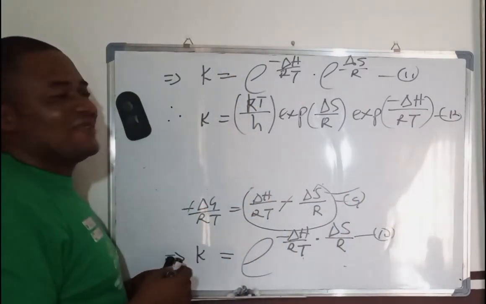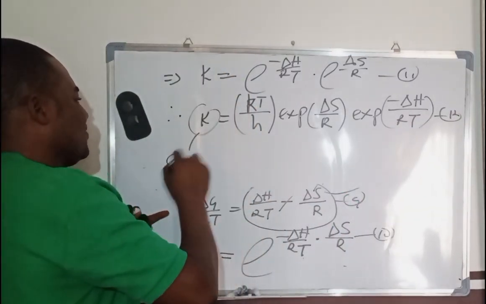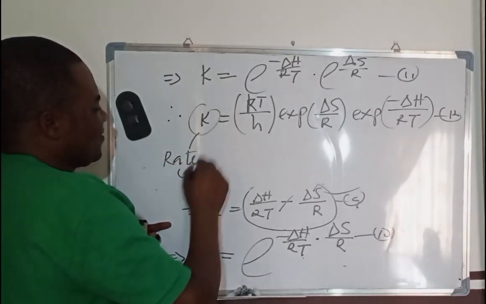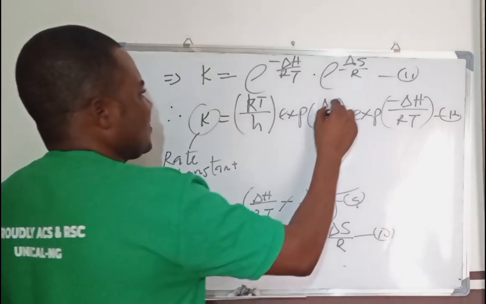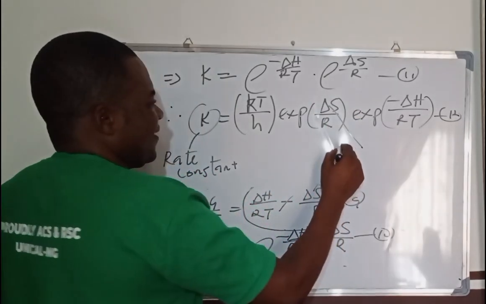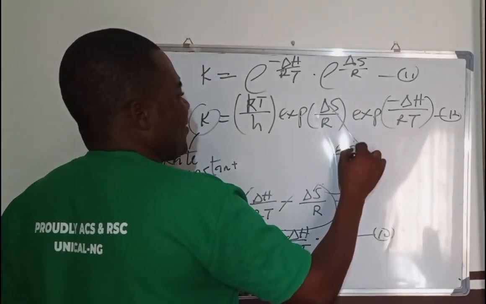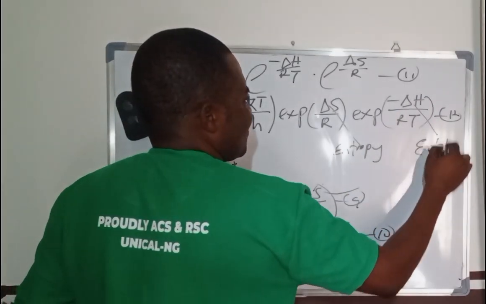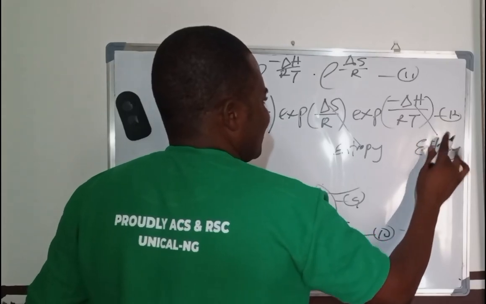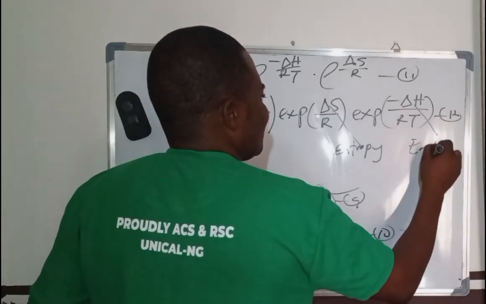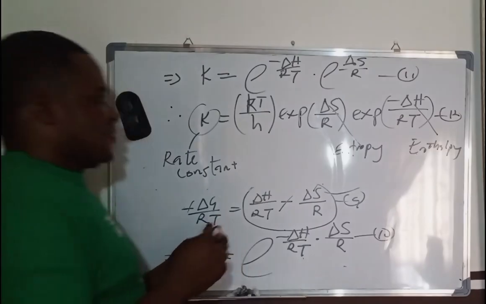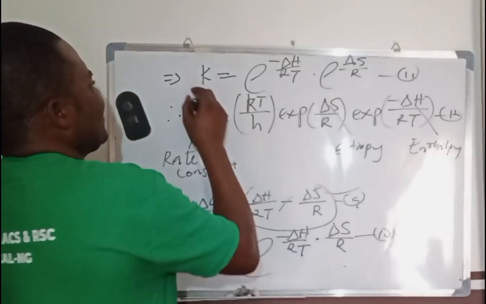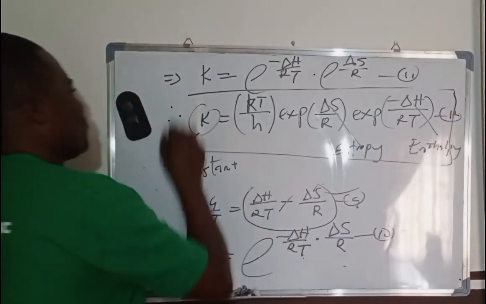Now, at this point, you can see that this is your equilibrium constant. This is your rate constant, while this is your entropy, and this is your enthalpy. You can see that this is the transition state equation.